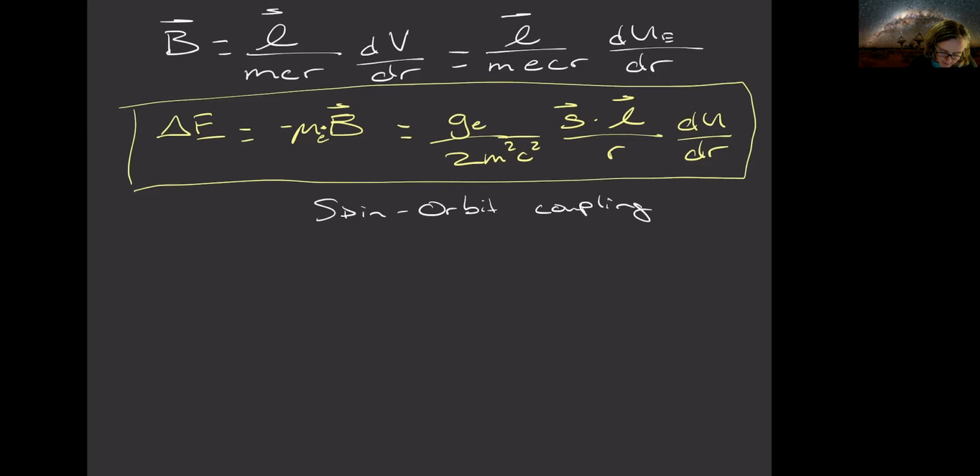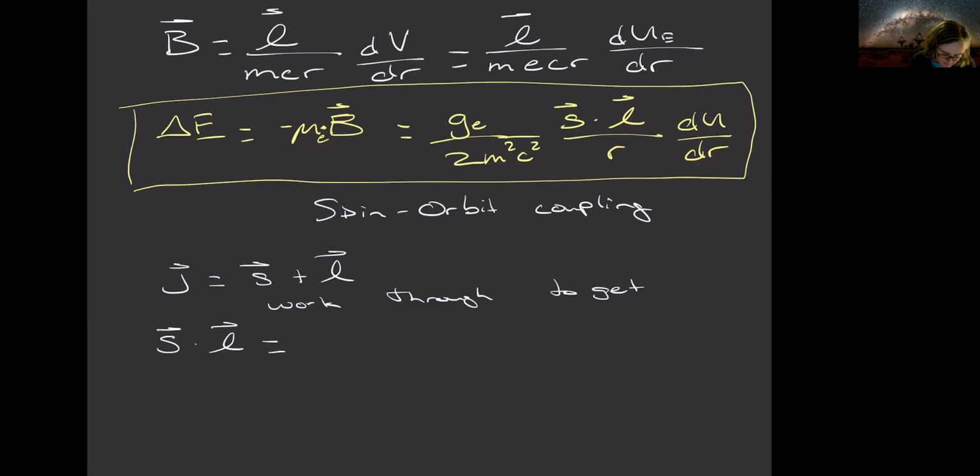So recalling once again that J is equal to S plus, I'm going to write it as a little l now, but it's the same idea, we can work through to get S dot L is equal to h bar squared on 2 times the product J(J+1) minus L(L+1) minus S(S+1).